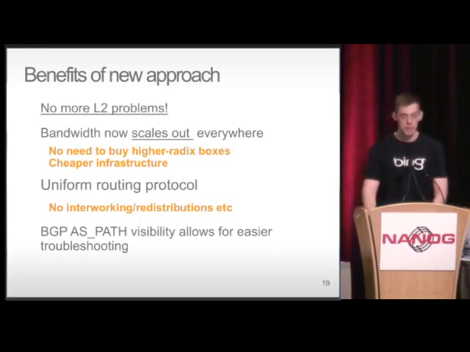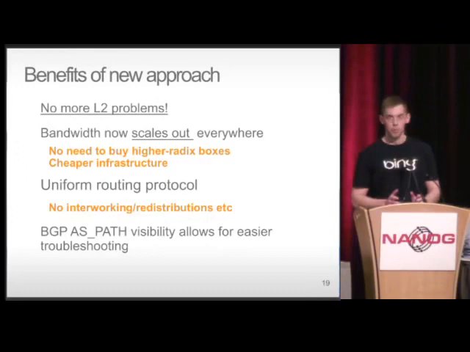Of course, there is a downside, because by adding more switches, you also increase the link density. So this is probably the main challenge, trying to manage that many links in this topology, especially handling the link errors. But we do still have the same protocol everywhere. It's still BGP, and there is no requirement to do any redistribution or interworking, just a single protocol everywhere.